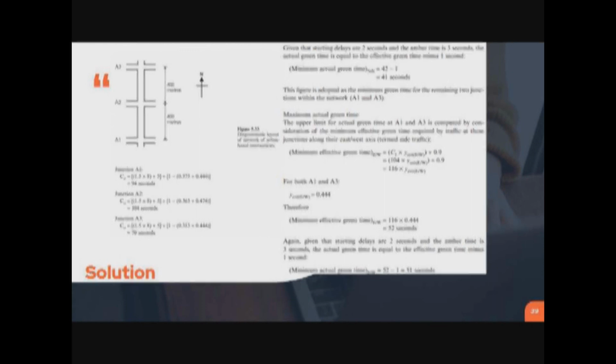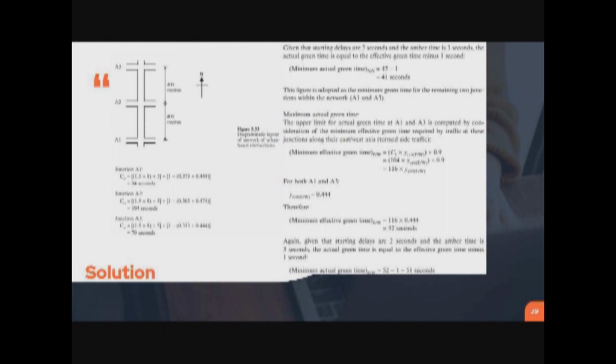Assuming a cycle time of 104 seconds, the effective green time can be estimated along the main north or south axis by use of the y critical values of junction A2. Of the 104 seconds, 8 seconds is lost time. Therefore, the combined effective green time in both directions is 96 seconds, which is 104 minus 8.